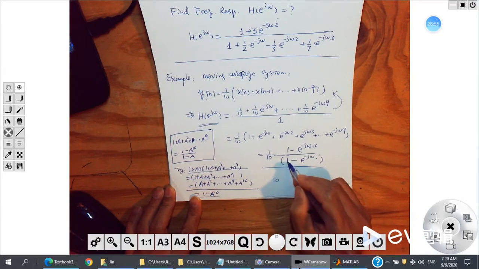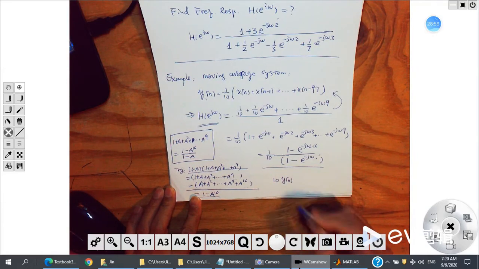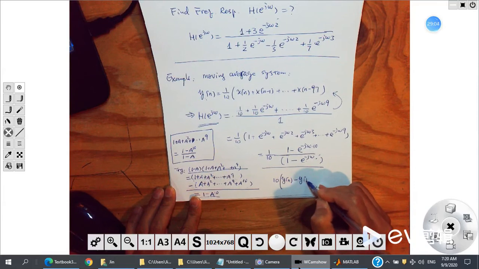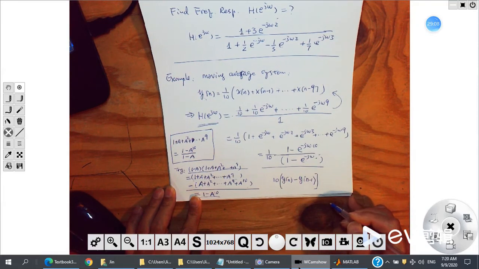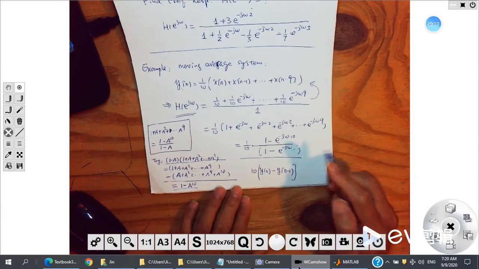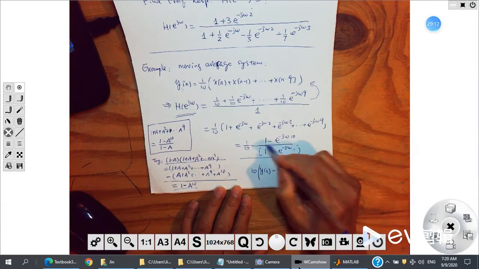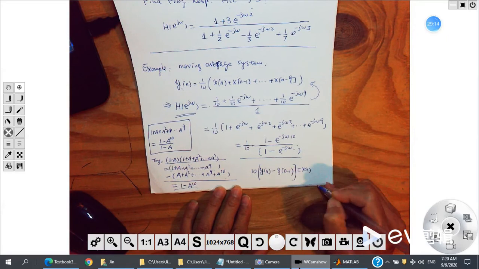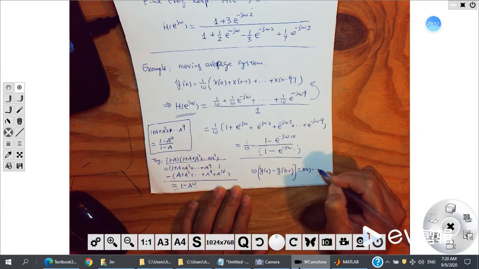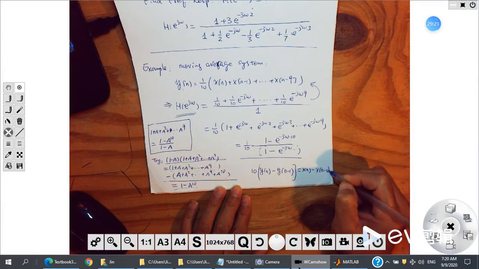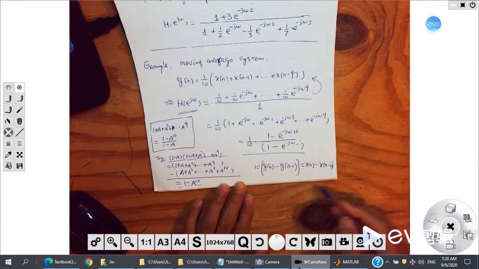So this is a 10. This is the y side, y of n. 1 is just y of n, and this is minus y of n shifted by 1. And on the x side, it is 1, that is x of n, and minus x shifted by 10. Oh, we have an equation that looks like this.